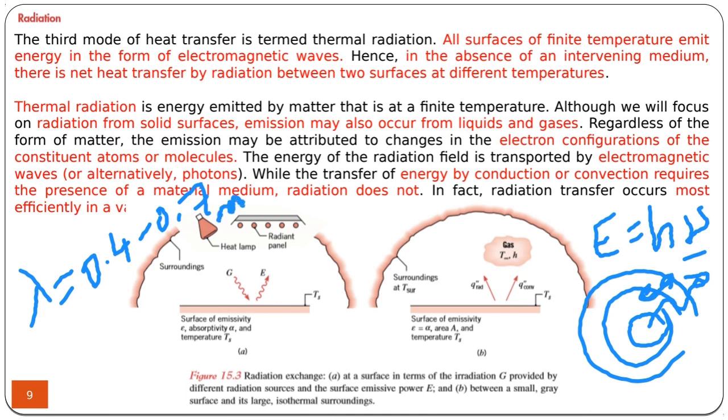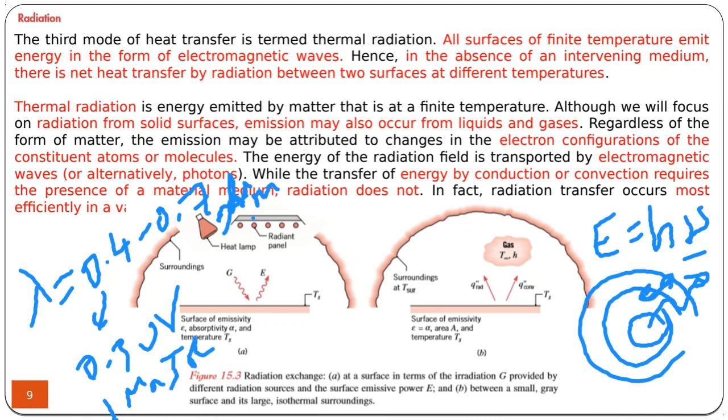The wavelength of electromagnetic waves between 0.4 and 0.7 micrometer is called visible light, and less than 0.4, for instance 0.3, is UV. Greater than 0.7, for instance 1 micrometer and so forth, is called infrared.